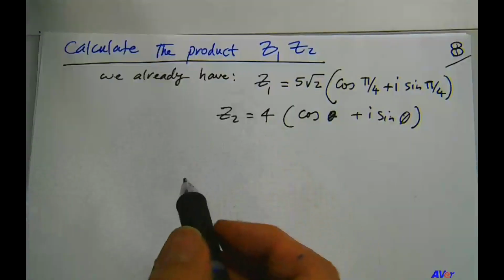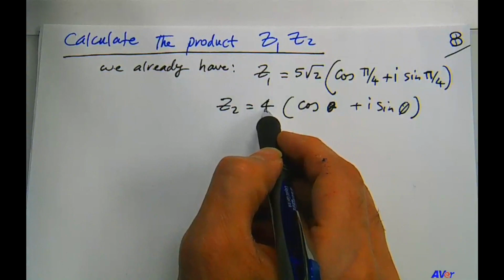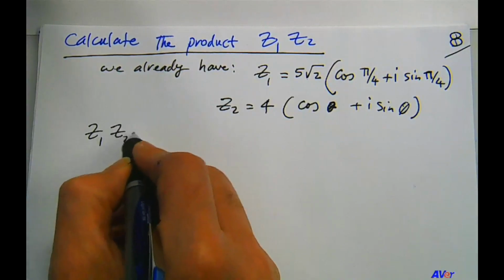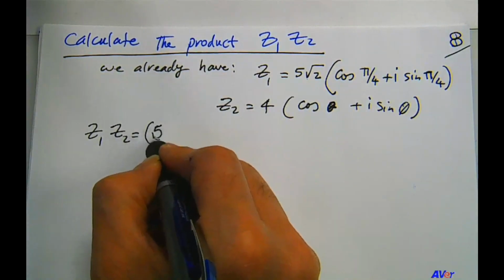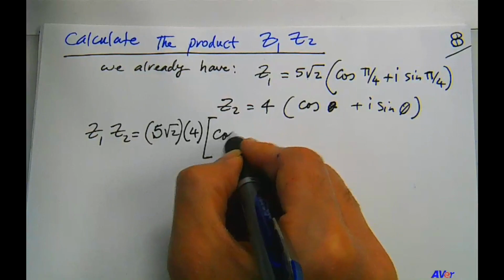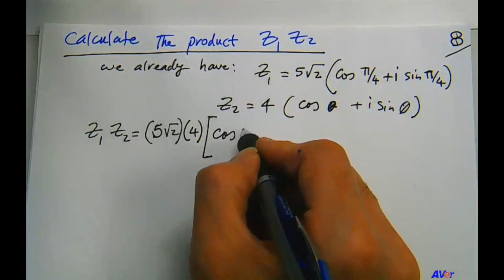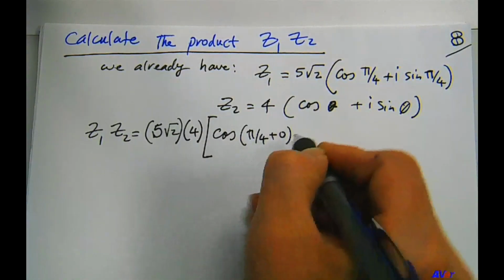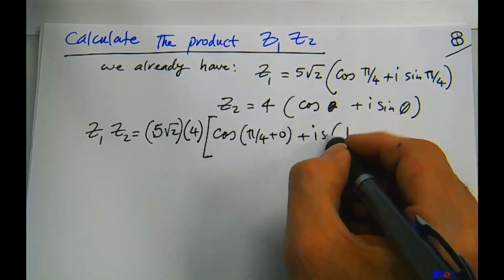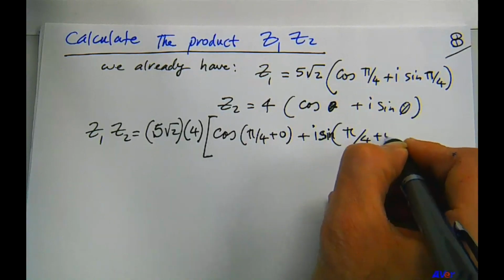So if we're multiplying these two, then the moduli, the 5 square root of 2 and 4, get multiplied by each other. So z1 z2 is equal to 5 square root of 2 times 4, all of that times cosine of 0 plus pi over 4, or pi over 4 plus 0, makes no difference, plus i sine of pi over 4 plus 0.